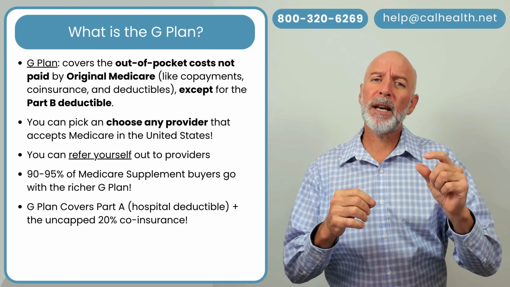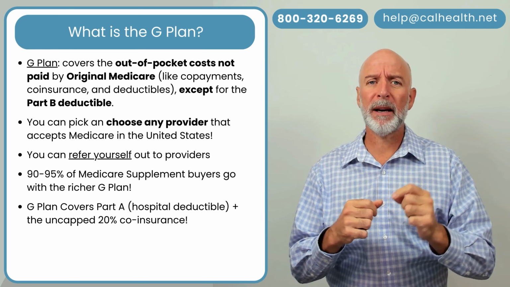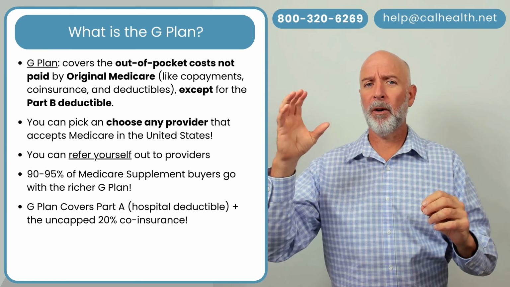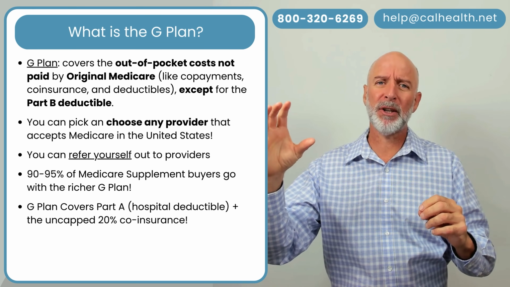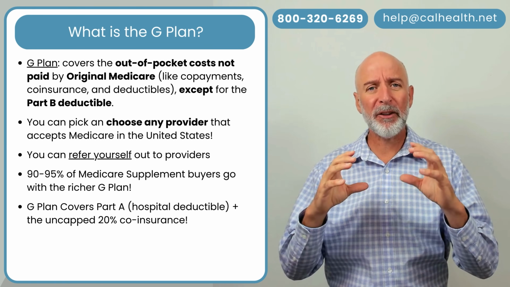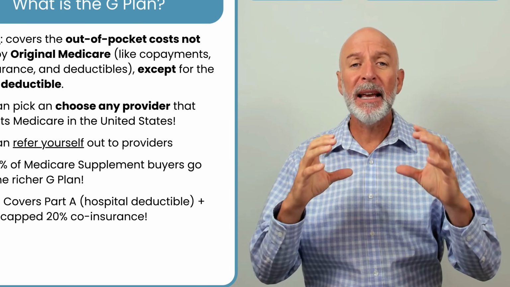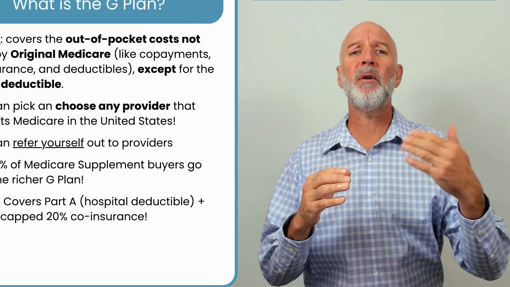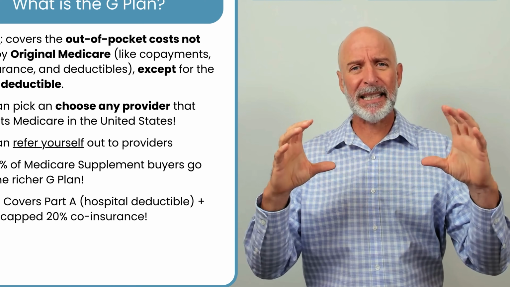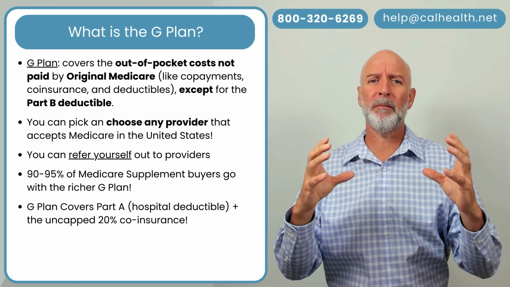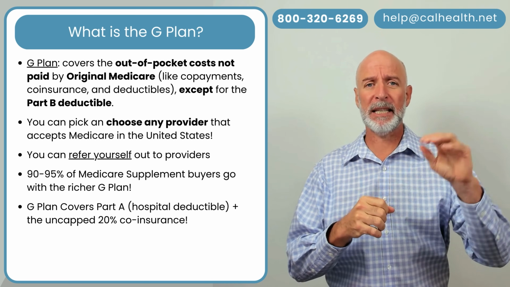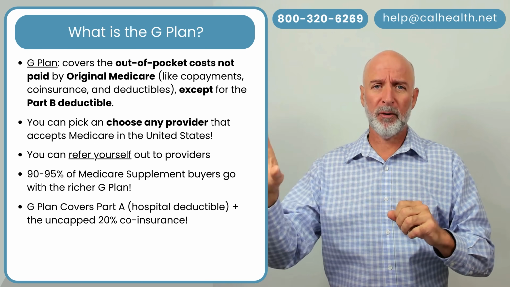It will cover the 20% coinsurance you pick up after deductibles for either hospital, Part A, or for doctor, lab, outpatient, which is Part B. That 20%, as we've talked about, is really the key reason to have a Medicare supplement because there's no cap. It can go on indefinitely. So that's the bulk of what you're really buying with a Medicare supplement, and specifically the G plan: you got Part A, you have your 20%.